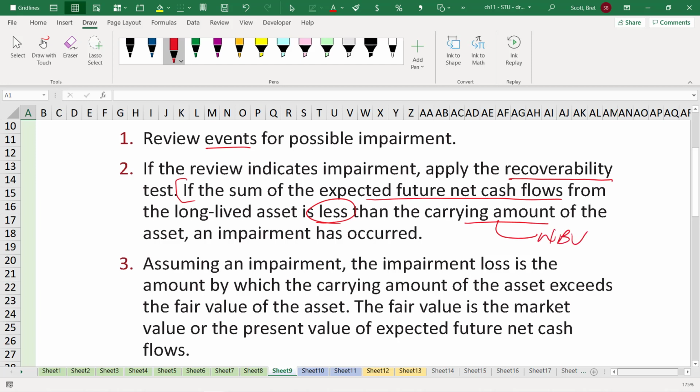In other words, if we have a vehicle, let's say we have a delivery van, and the net book value on that is $50,000. We're going to continue to operate this for the next year, and then we're going to get rid of it. Can we anticipate that we'll generate at least 50K or more in, say, revenue?